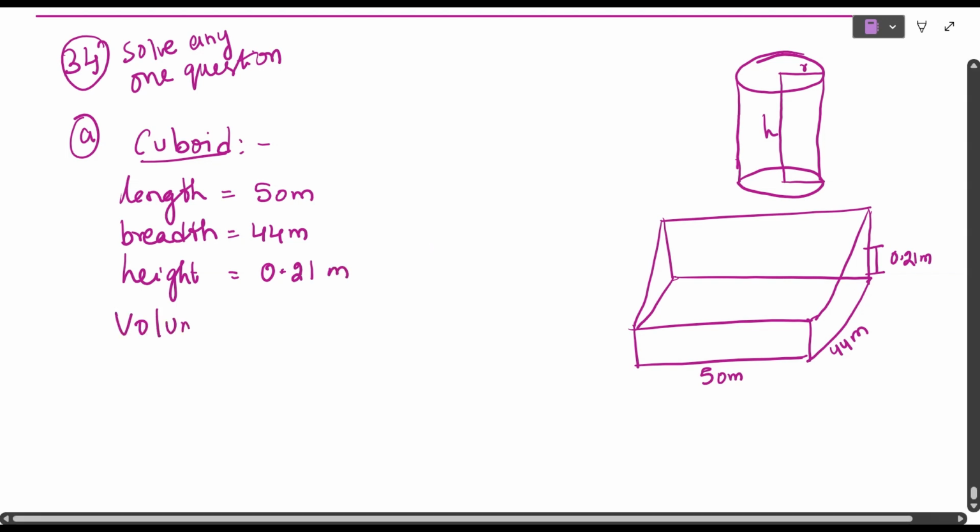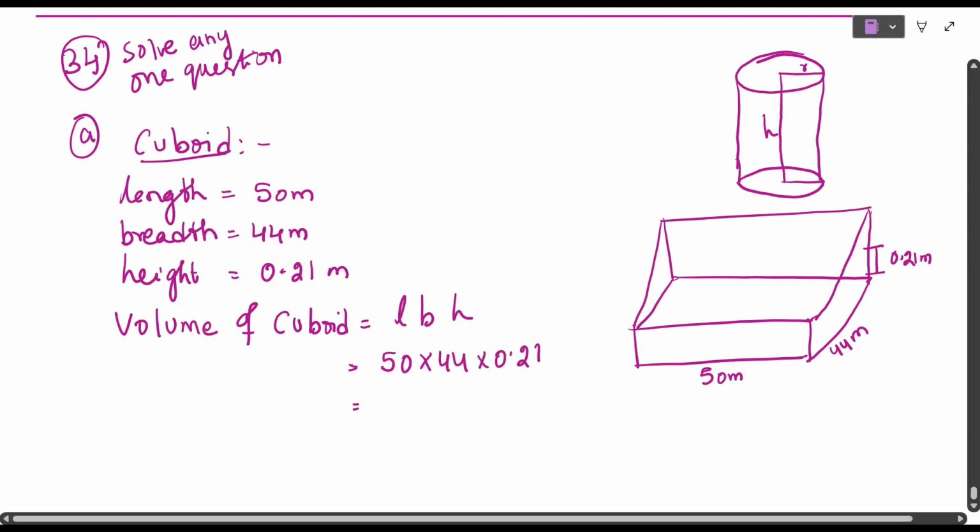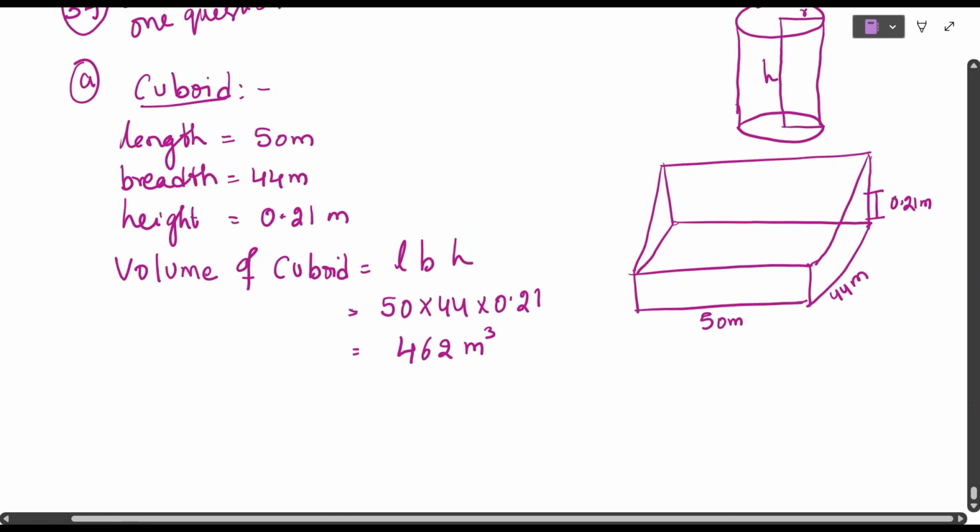We have to find the volume of the cuboid, this pond. So what is the volume, students? Length into breadth into height. So calculate quickly. 50 into 44 into 0.21. So that is equal to how much? 462 meter cube.